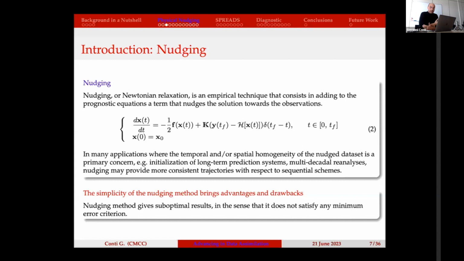So it's really easy to implement, and it's used nowadays in many applications. The point is that it's totally empirical. And in several books, you also find sentences like "the nudging method gives suboptimal results," in the sense that it does not satisfy any minimum error criterion, for example. But we know that from a physical point of view, variational principles are present everywhere in physics.